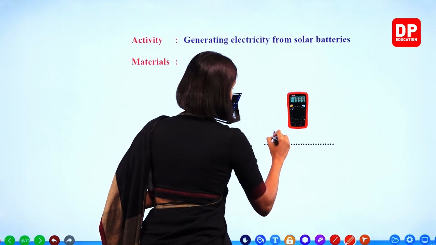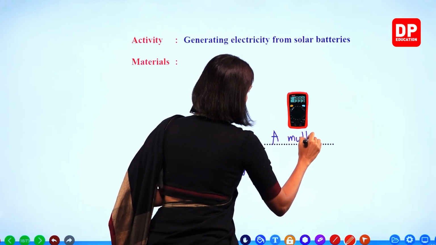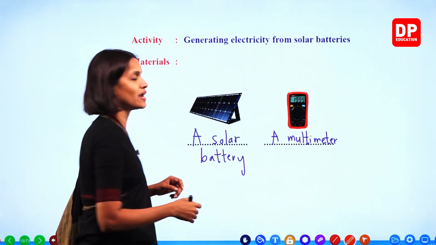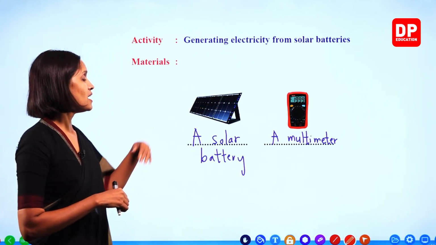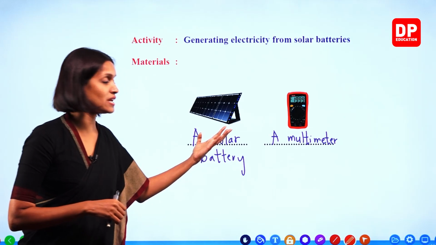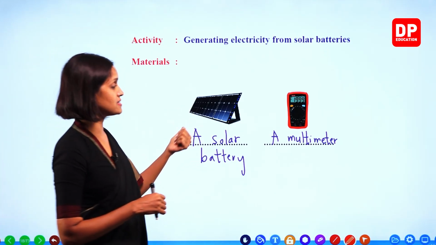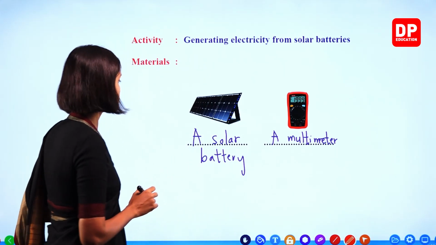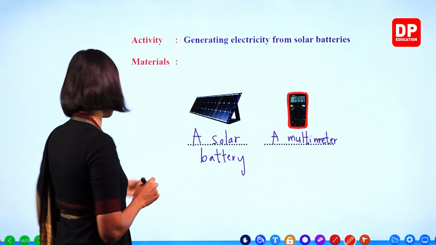Using the multimeter, you can measure the electric current, and you can even measure the voltage, and also you can measure the resistance of a circuit. Okay, so you need a solar battery and a multimeter.